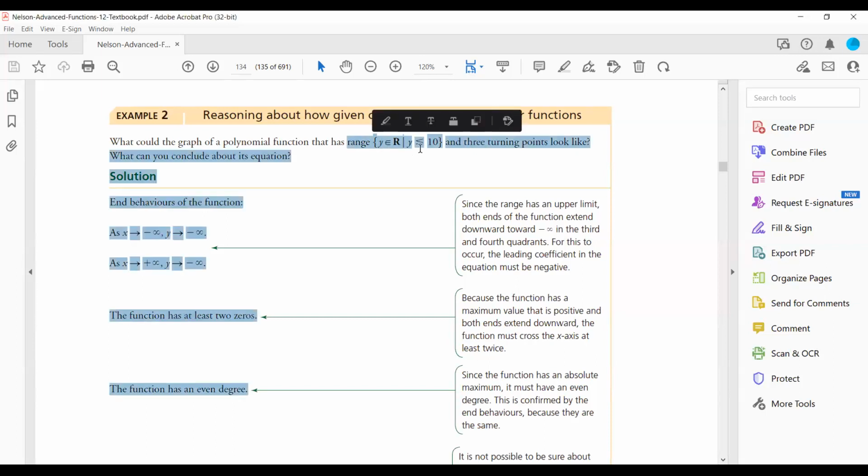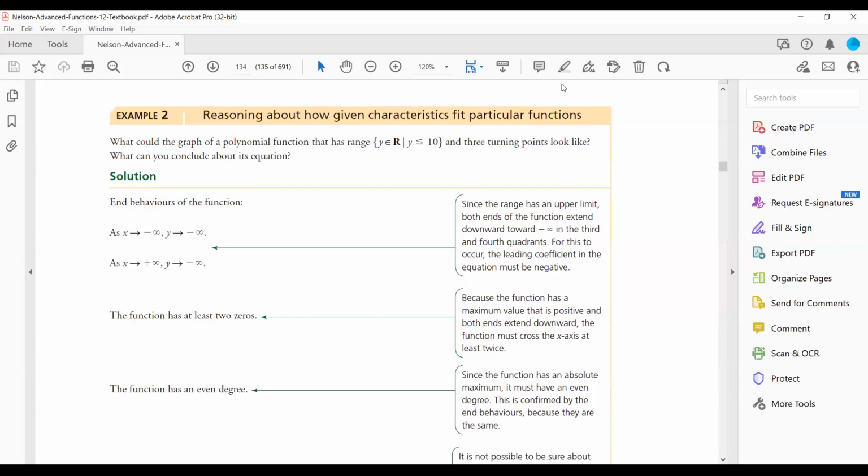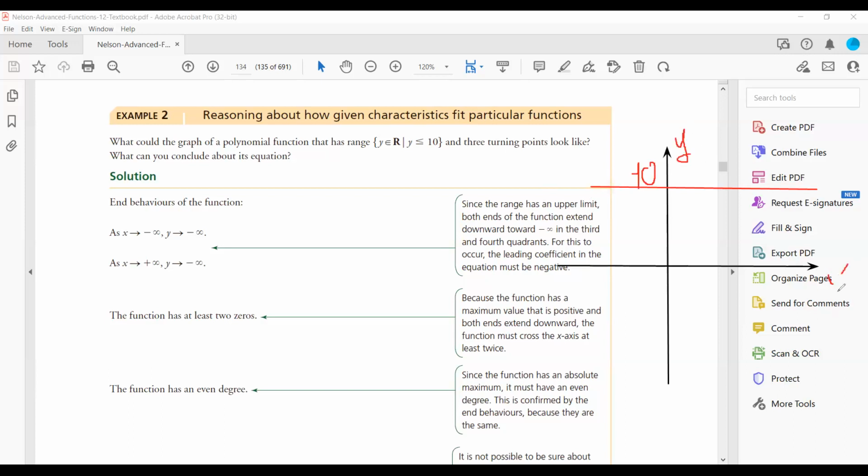So I was talking about this particular graph here. Let me make a coordinate axis real quick again. And this is what I was representing, that we know that the y value is less or equal to 10. So we can denote it somewhere here. This is y equals 10. This is the y axis, this is x.